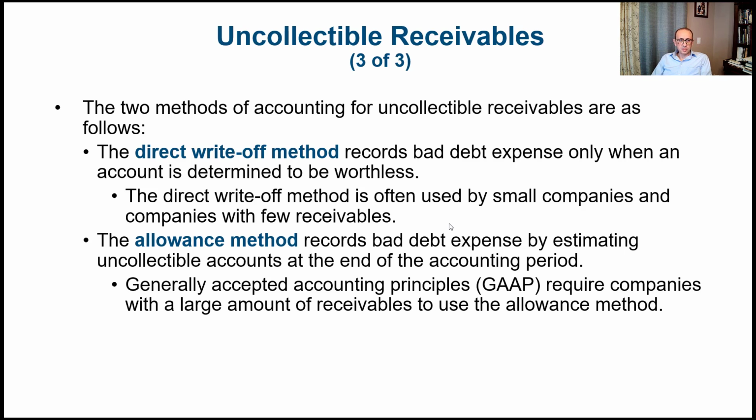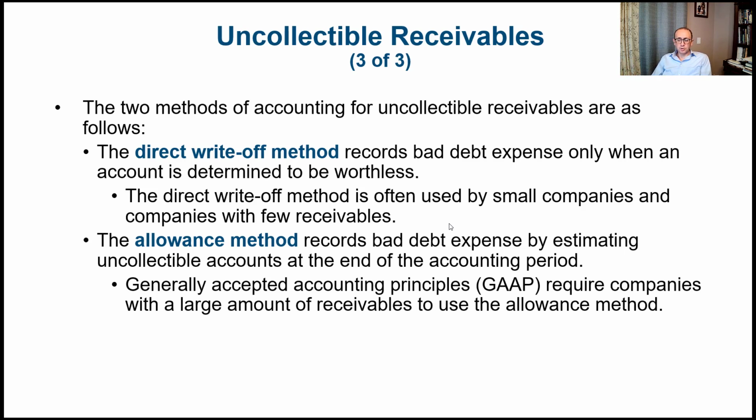The allowance method is the method accepted by GAAP, and it records bad debt expense by estimating uncollectible accounts at the end of the accounting period. And why do we do that? Because we want to make sure that the bad debt expense is recorded in the same period as the sales. We don't want the sales to be in one period and the bad debt expense in the following period.